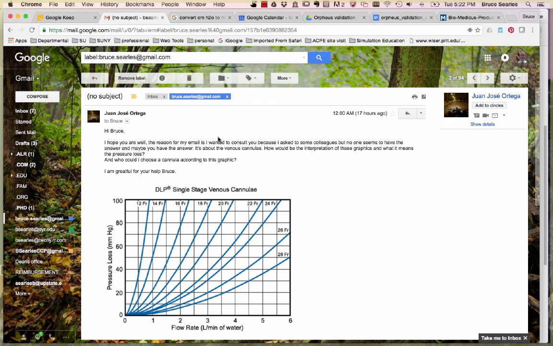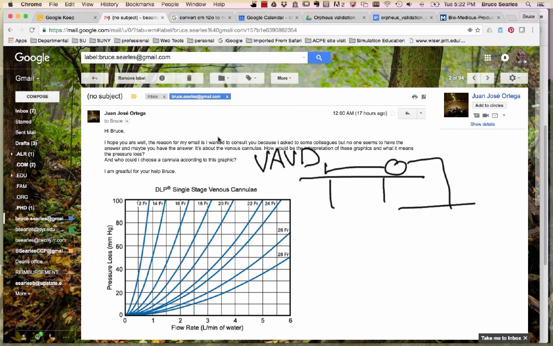The next thing you might ask is, what about with vacuum-assisted venous drainage? With our patient on a table and an average height above the floor, we have a drainage of 40, delta P 40.